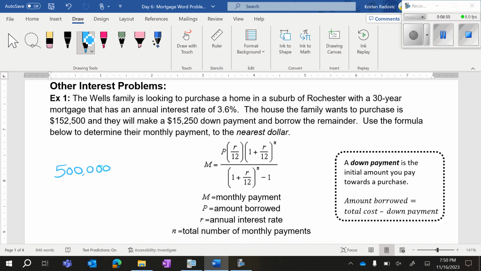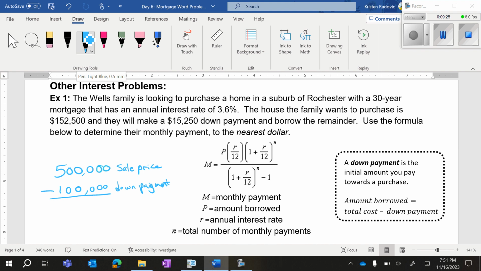That is called your down payment. So you're showing the bank that you do have some money and you just need a loan to pay for the rest. That means that if the sales price was $500,000 and your down payment was $100,000, then you have to get a loan for $400,000. That is called your amount borrowed.